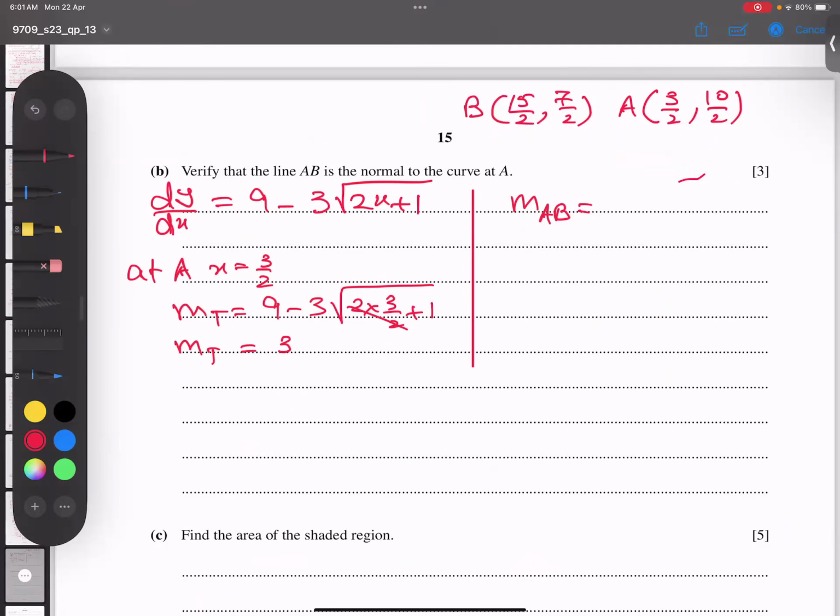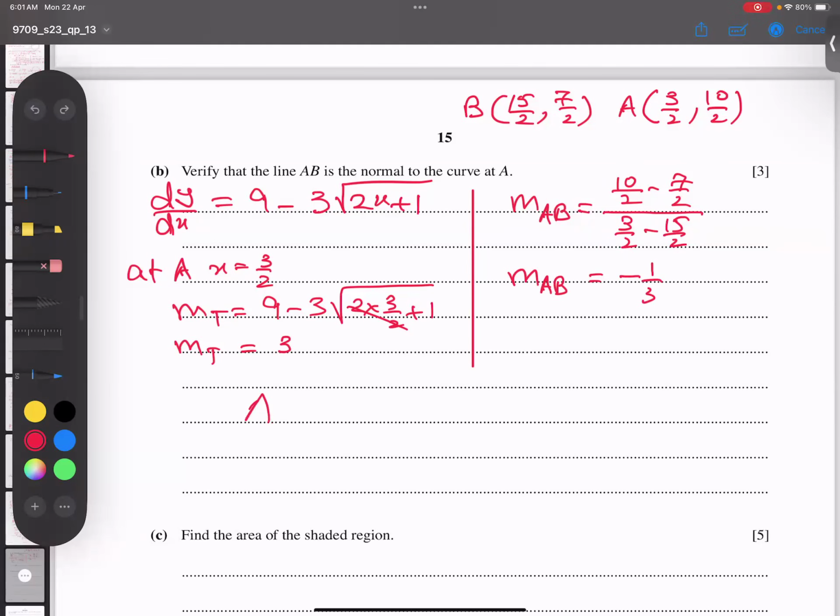So what is the gradient formula? Y2 minus Y1, I can start from anywhere, over X2 minus X1. So the gradient of AB, if you type it in the calculator, it gives you -1/3.